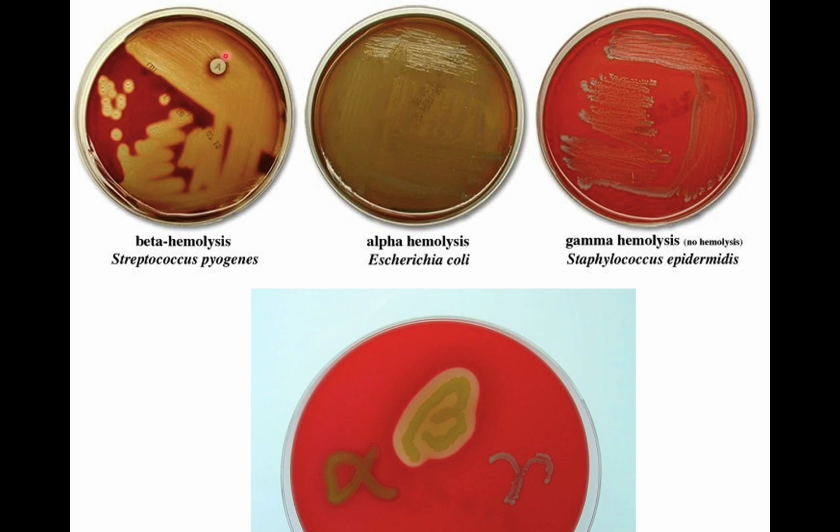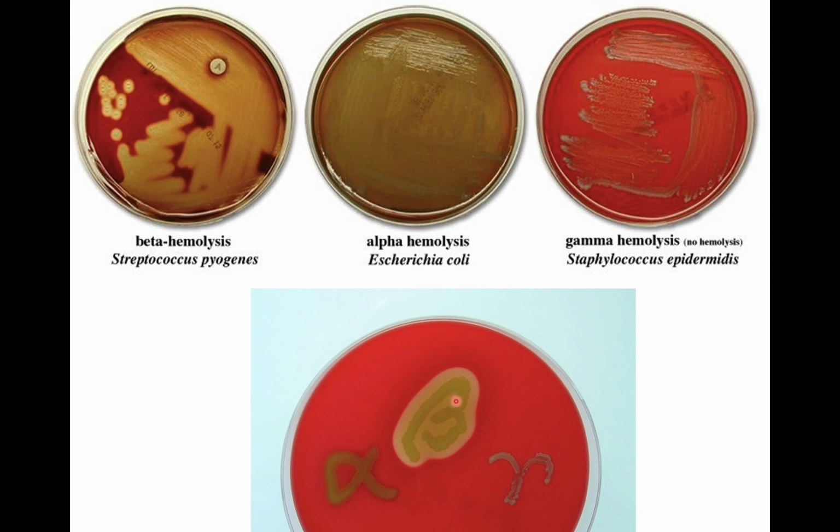Remember when I told you we do the streaking method, this is actually the bacteria, and over a certain diameter around the colonies, it turns the blood agar yellow, a discoloration of it.